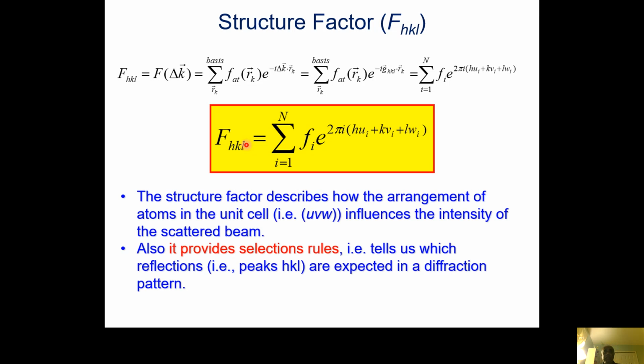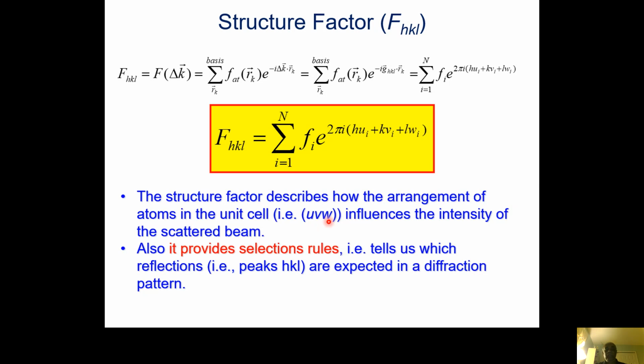It's important to understand that the structure factor describes how the atoms are arranged in the unit cell. The coordinates are given by these u, v, w coordinates for each atom. We know that influences the intensity of the scattered beam.